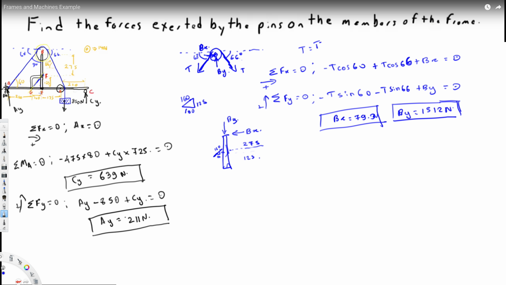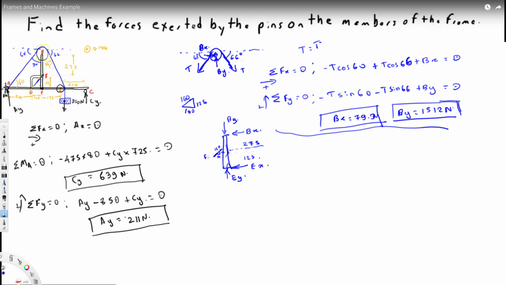Also we have E right here, so it's going to be Ey in the upper direction, and then we are going to have a horizontal positive Ex. Then if I take equations for this one, let's see what we can find from here.